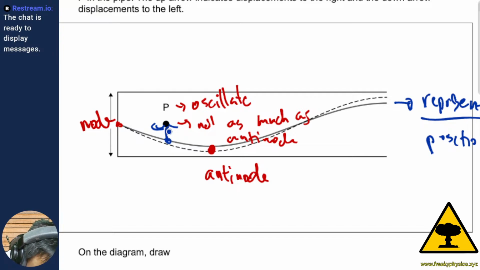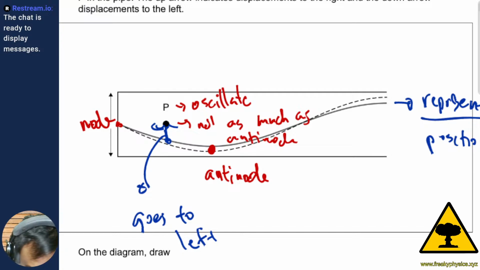So this means it goes to the left, because of the way it's indicated in the text. I'm going to use green now for the proper position. Because it went to the left, that's where the position actually is.